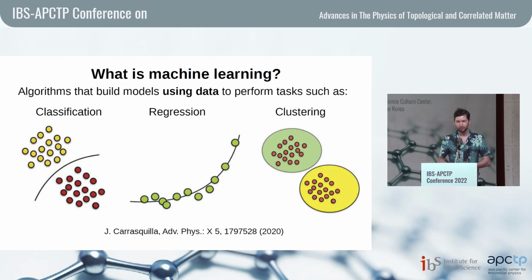Broadly speaking, machine learning refers to a variety of algorithms which use data to build models to perform various tasks. A very simple example of this is regression type algorithms, where the aim is to find a function which can fit your data points.